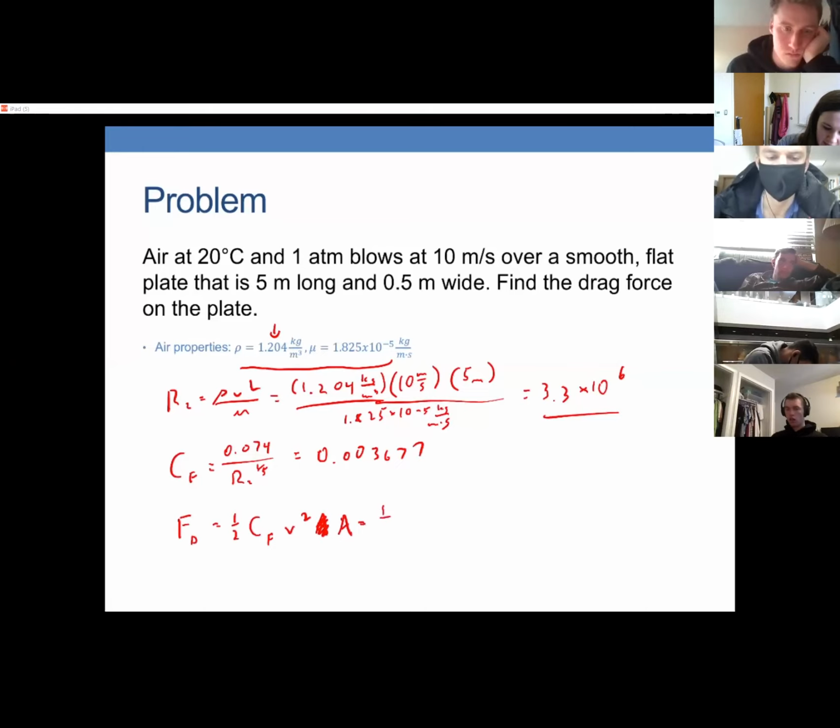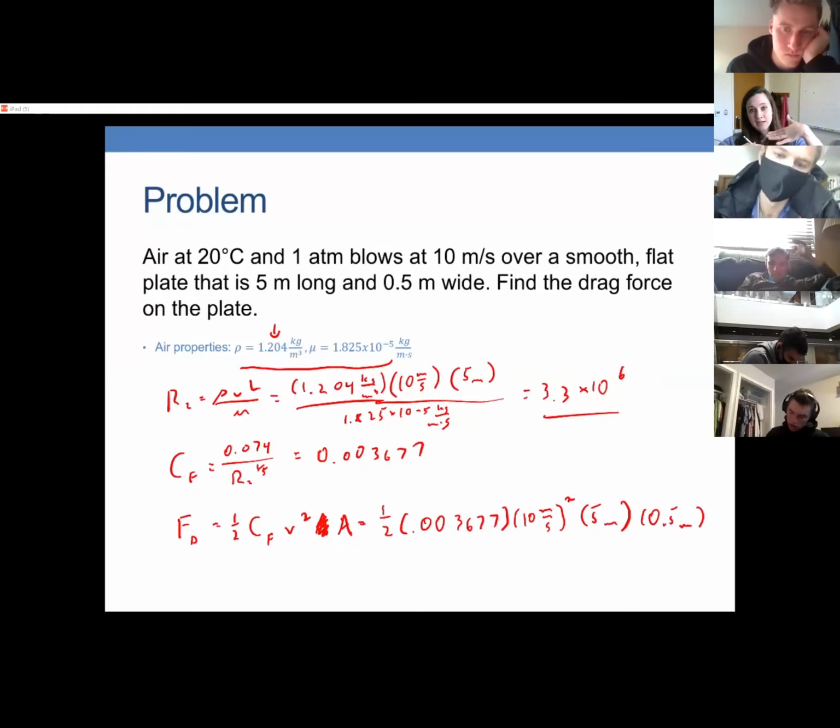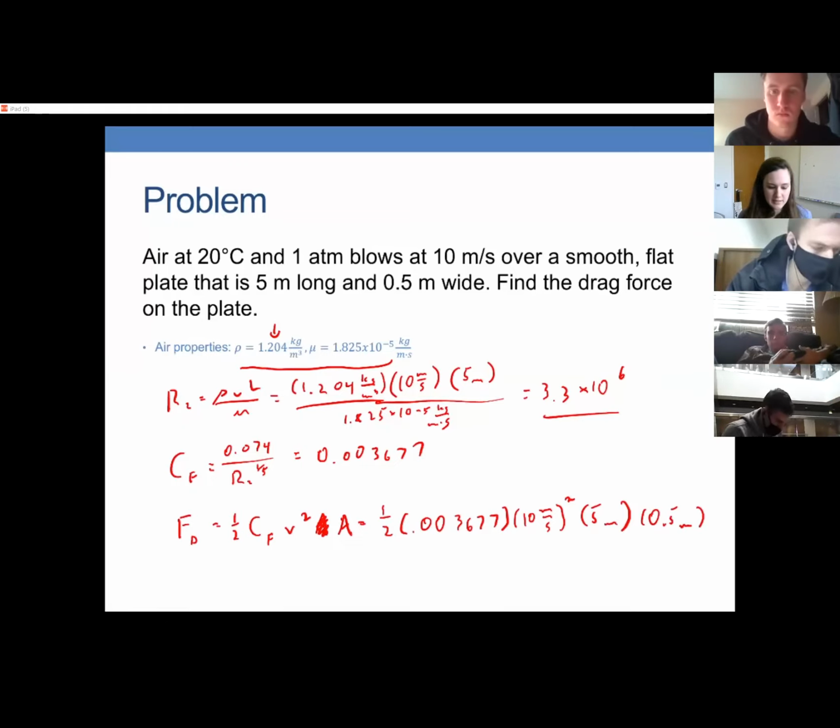So we have 1/2 times 0.003677 times 10 meters per second squared times 5 meters times 0.5 meters. So that's the area of the top of the plate that's in contact with the fluid as it's flowing along it, creating friction. That gives us our drag there.